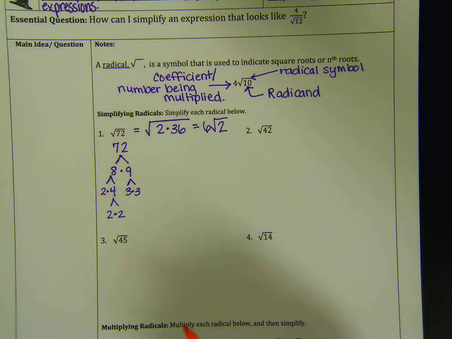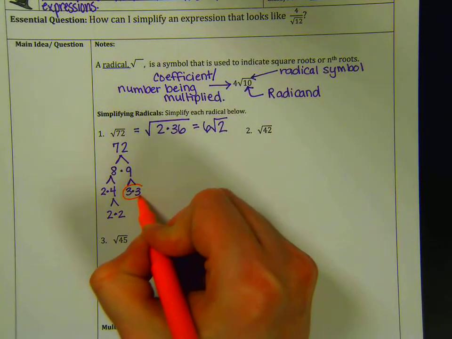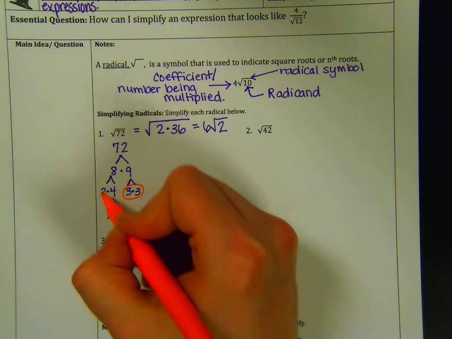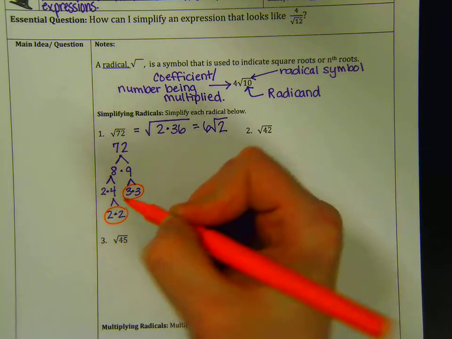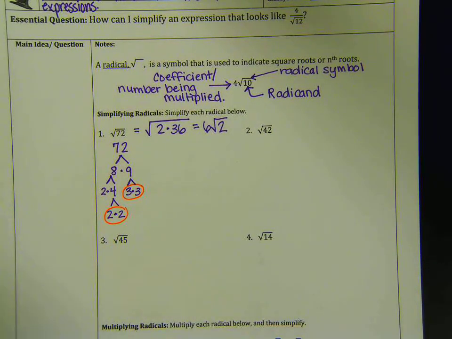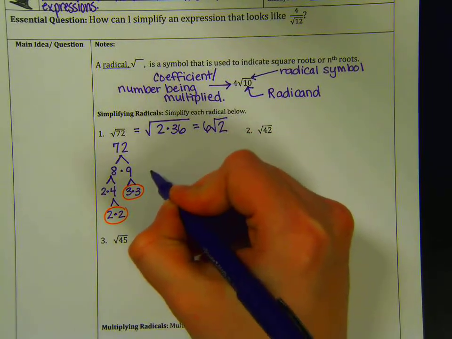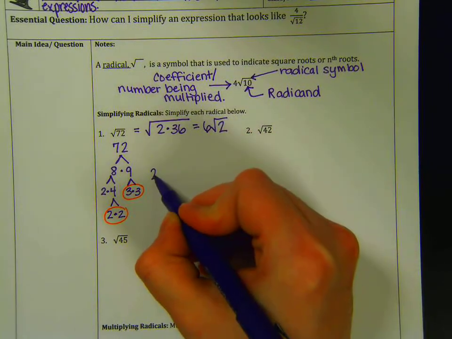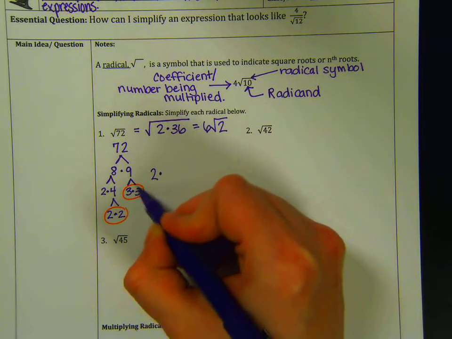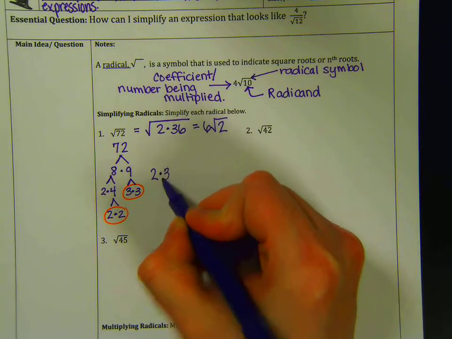And I'm going to look for my twins. So we have a pair of twins here. We have a pair of twins here. So if I see a pair, I can bring it out. So my pair, I can bring out 1, 2. I'm going to write that up here. I have a pair of twins here, so I'm going to write that as 3.